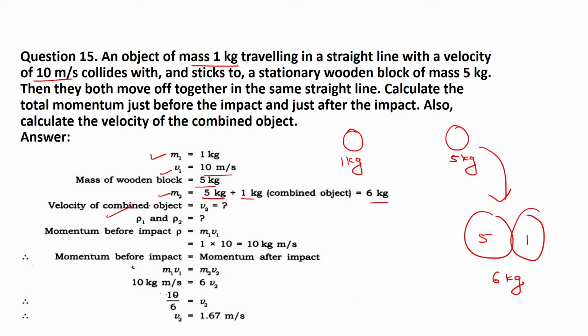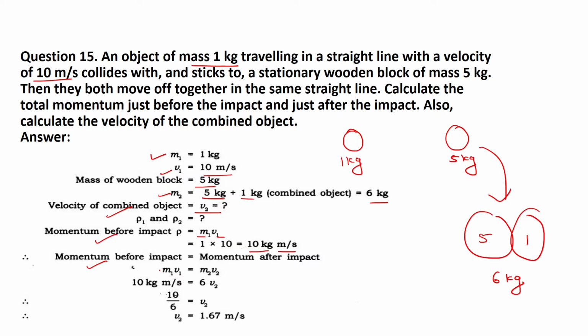After this, the object collides with this wooden block, and the momentum will be mass multiplied by velocity. Here the momentum before impact, m1 v1, is equal to the momentum after the impact, m2 multiplied by v2. The initial momentum, I am writing here, is 10 kg meter per second.